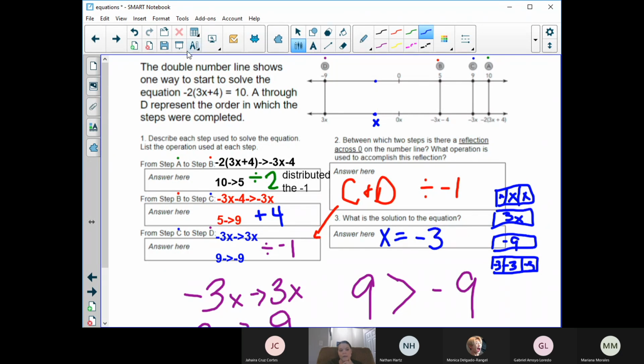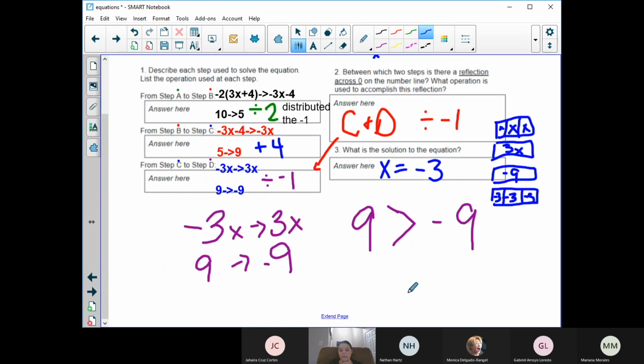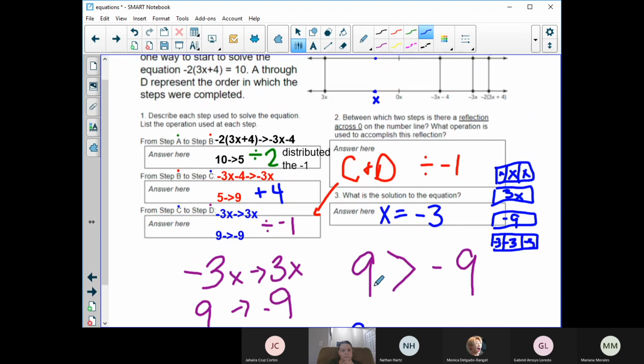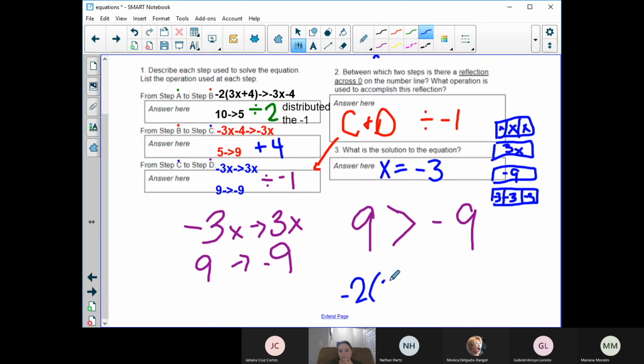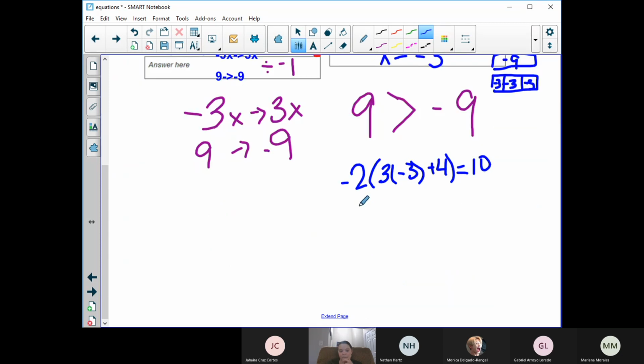And I can take this and put it back into my original equation for x and see if it works. So negative 2 times 3 times negative 3 plus 4 should equal 10. So we're going to see. Negative 2, 3 times negative 3 is negative 9 plus 4 equal 10.